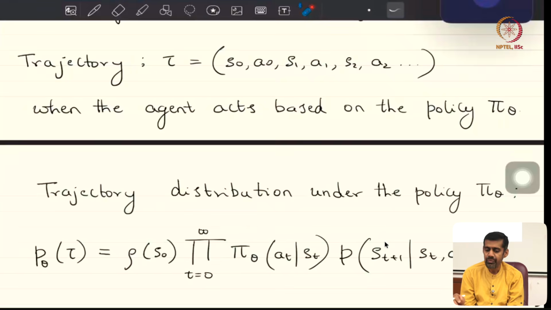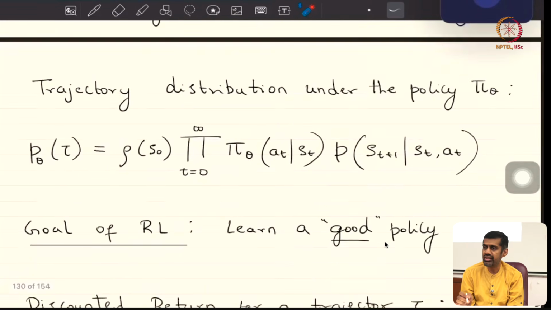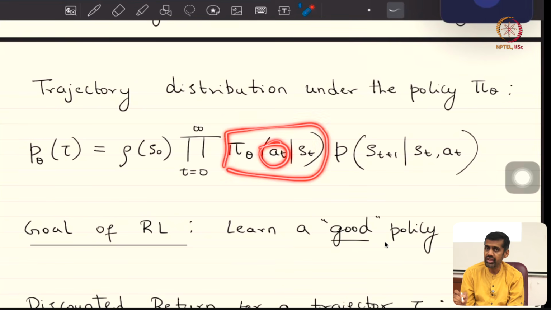Okay, that's why we can write a distribution over the trajectory. How do we write that? Use the chain rule. Start from the state S0, that is governed by your initial state distribution. Then from t equal to 0 to infinity, being at state St, perform an action At, which is governed by your policy.